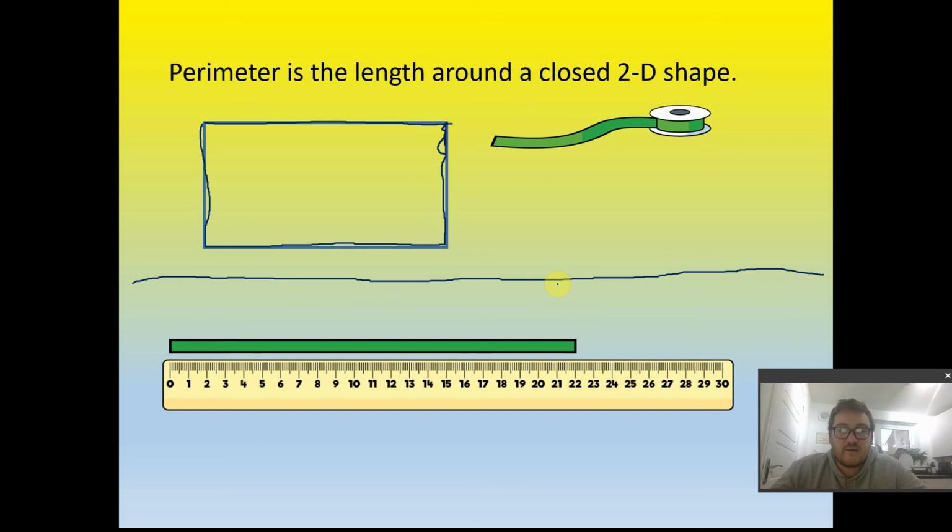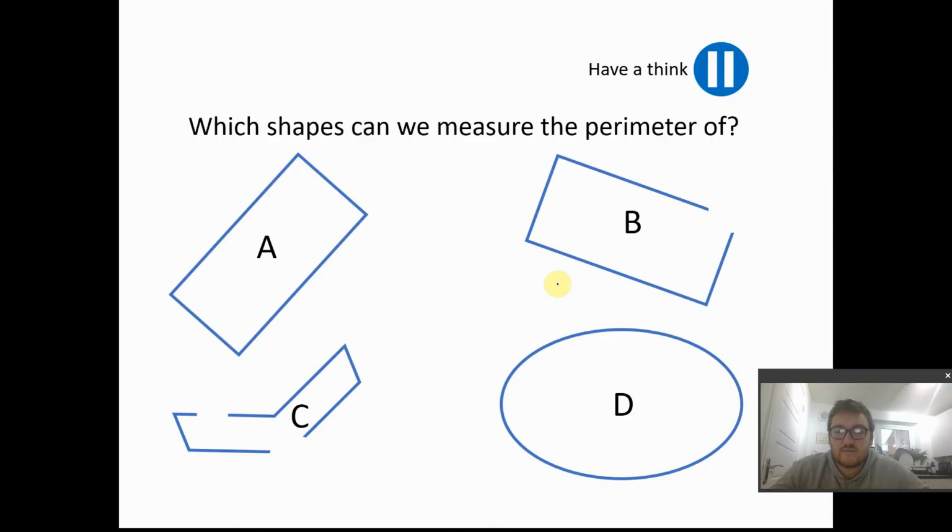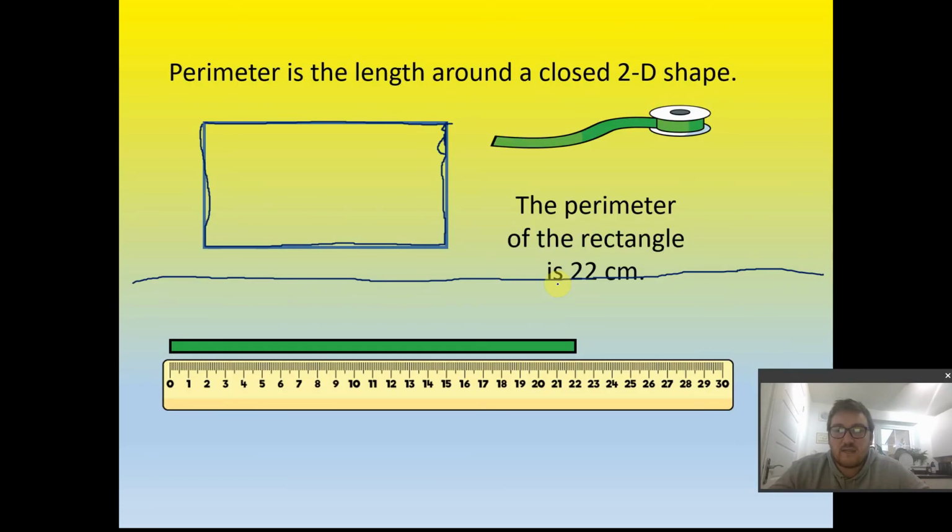So how big is our rectangle? I'll let you guys write this down. Bonus points if you can tell me in centimeters and millimeters. So there's our answer. The perimeter of the rectangle is 22 centimeters. And did anyone get the millimeters?